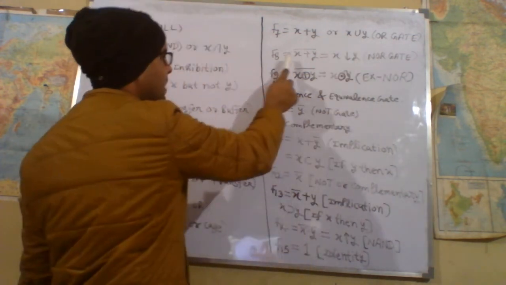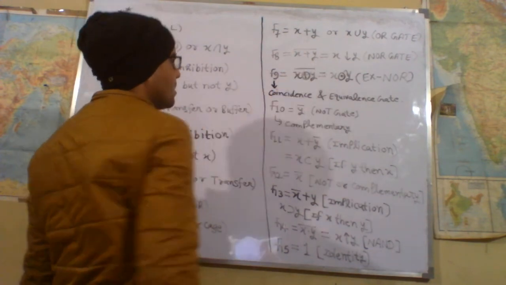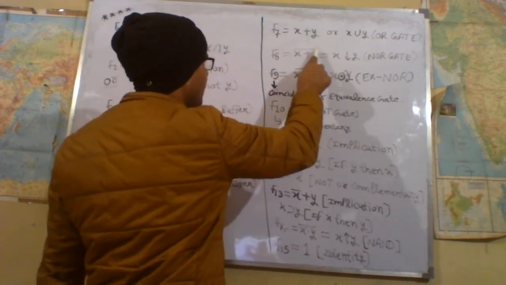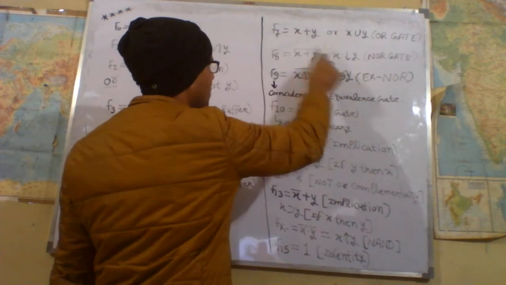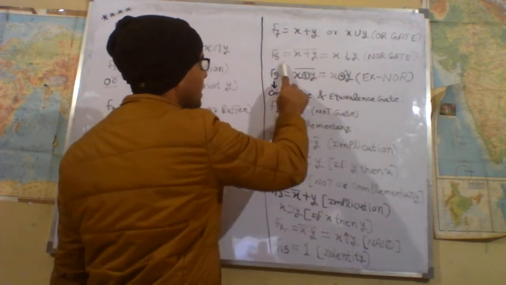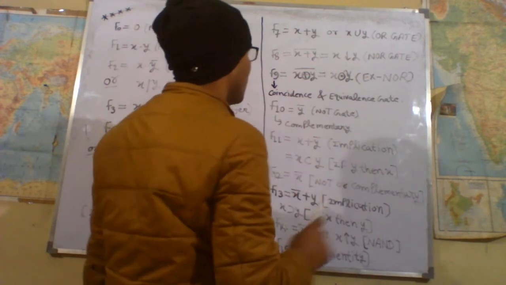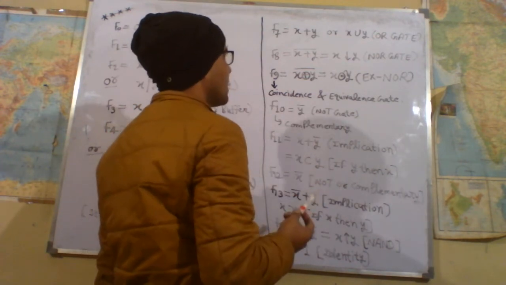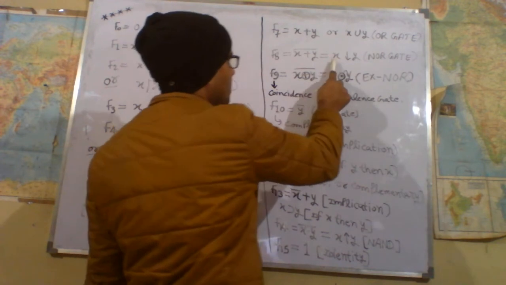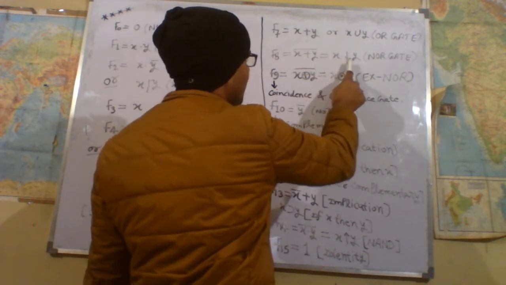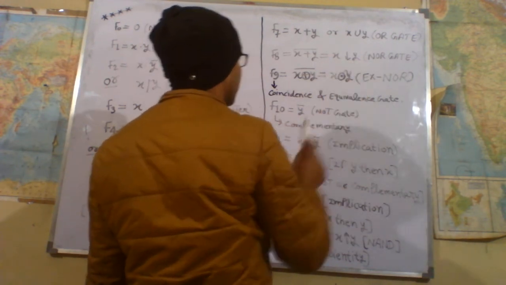Now F8 is x or y bar. This x or y means OR operation, and this is the complement of OR. So we can say that NOR operation is the complement of OR operation, or NOR gate is the complement gate of OR gate. So this is the representation of x NOR y. Next is F9.